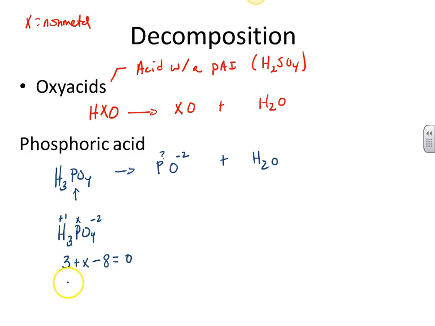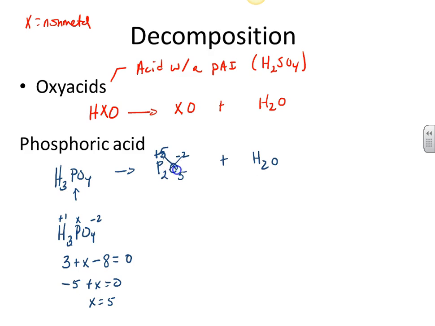We solve this. This is a -5 plus X equals 0, so X equals 5. So that means phosphorus has a charge of +5. Now, if we write the formula for that, that's going to be P2O5.